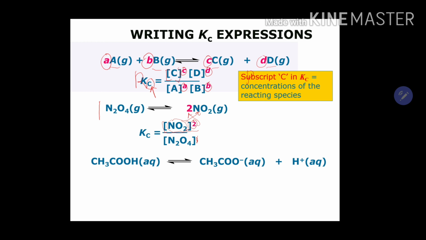The second example, we have CH3COOH, 1 mole, produce 1 mole of CH3COO minus plus 1 mole of H plus. So, the Kc can be written as square bracket CH3COO minus to the power of 1, multiplied with the concentration of H plus to the power of 1, divided by the concentration of CH3COOH to the power of 1.